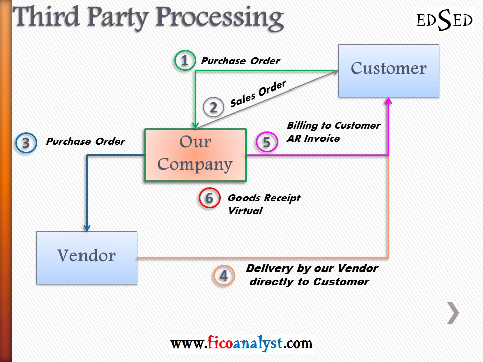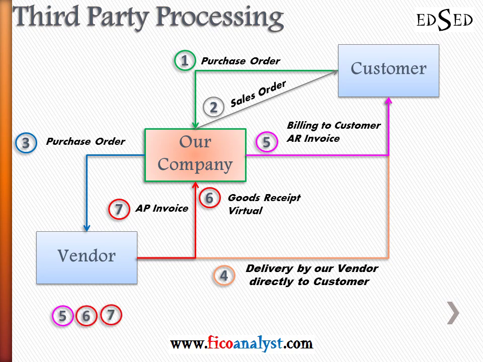For that information, we have to make a virtual goods receipt to post to GR/IR. At the same time, cost of goods sold will be posted here as a consumption. And then as step 7, the AP invoice, accounts payable invoice, will be created here.